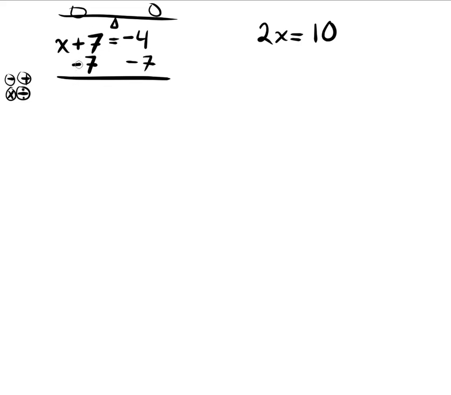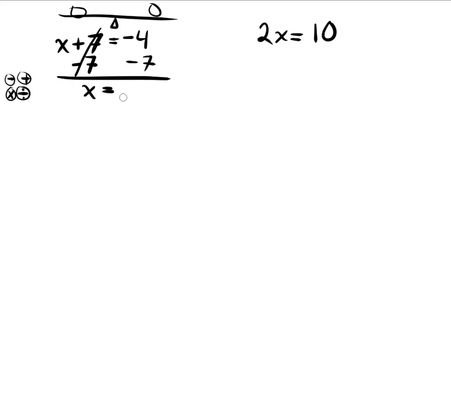So in this case here, what I've done is I've undone the positive 7 with the negative 7 by doing the inverse operation, and now I'm just going to simplify what I have. On this side here, this plus 7 and this negative 7 cancel out because positive 7 and negative 7 cancel out, and I end up with x is equal to negative 4 plus a negative 7.